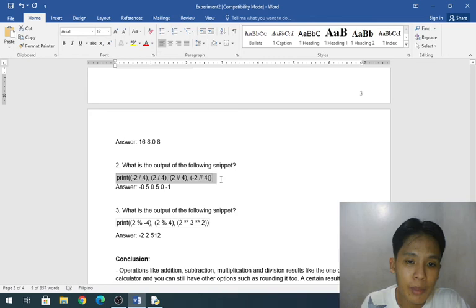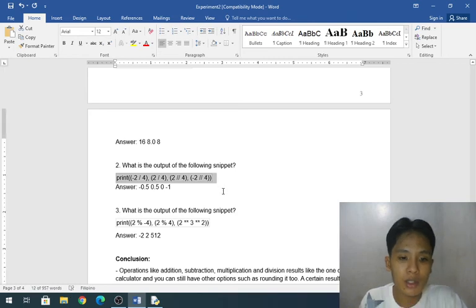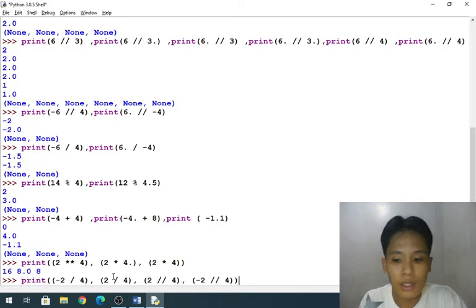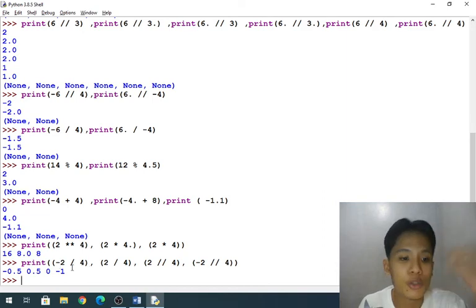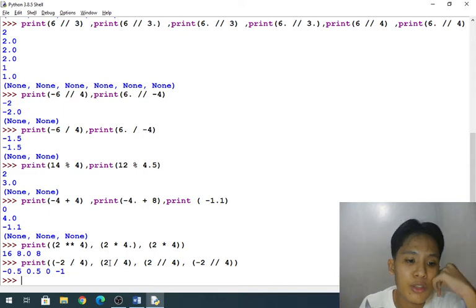Okay, another snippet. Let's try this snippet. There, negative 2 slash 4. Slash is a division, so negative 0.5. Then 2 slash 4 is 0.5. Then 2 double slash 4 is 0.